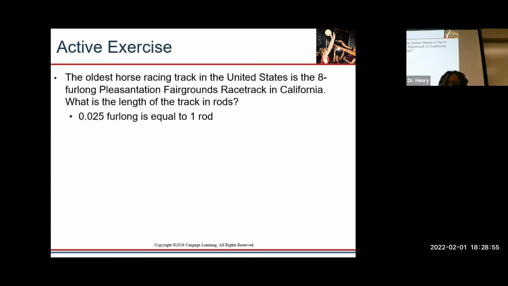Okay, so now let's give you guys a run at it. The oldest horse track in the United States is the 8-furlong Pleasanton Fairgrounds racetrack in California.